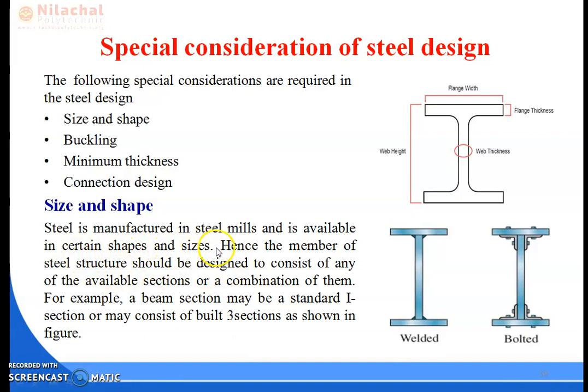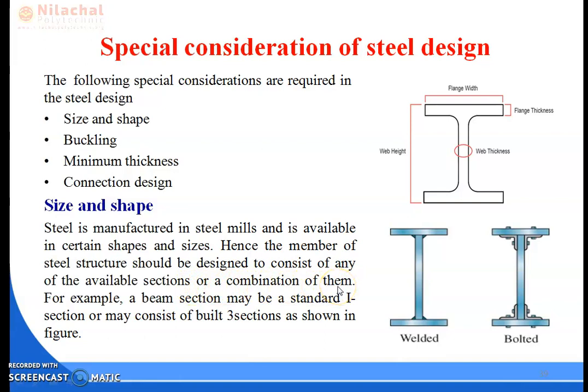As I told in the previous class, all the rolled steel sections with which we will design a steel structure are easily available as individual sections in the mills, with specific shapes and sizes. Hence the members of the steel structure should be designed to consist of any of the available sections, or a combination of them.